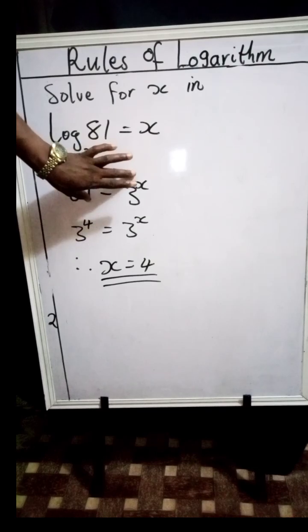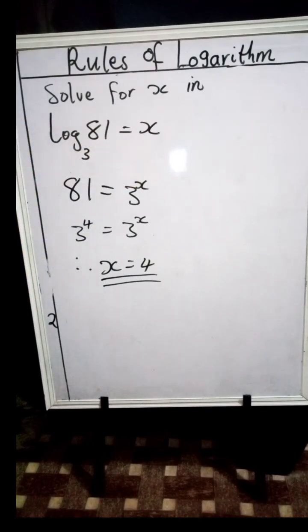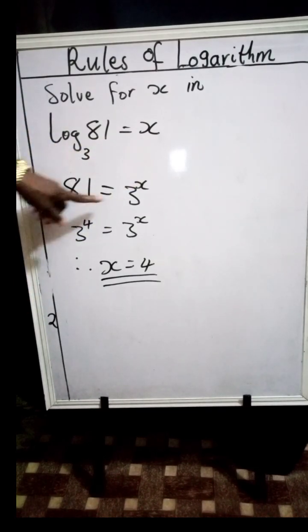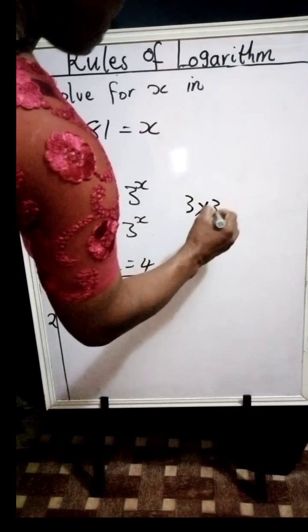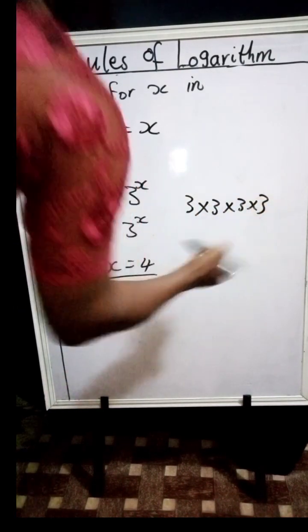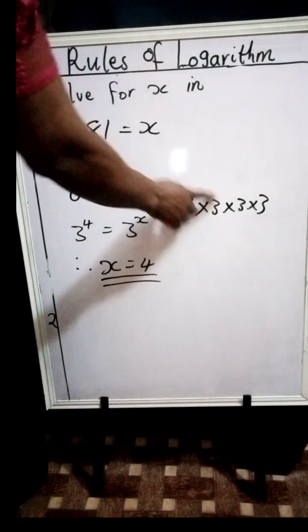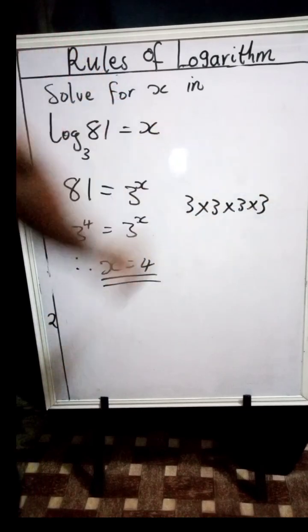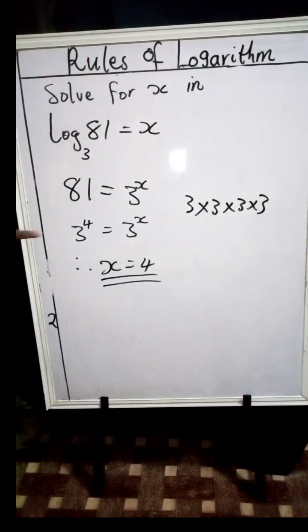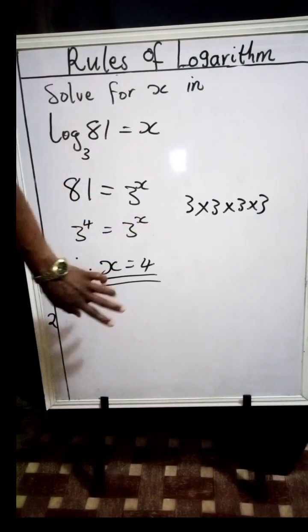Then the next step is to reduce this so that they will have the same base. I know that 3 multiplied by 3 is 9, 9 multiplied by 3 is 27, 27 multiplied by 3 is 81. That is to say that it's 3 to power 4. And if 3 is equal to 3, it means that 4 is equal to x. And that is your answer.